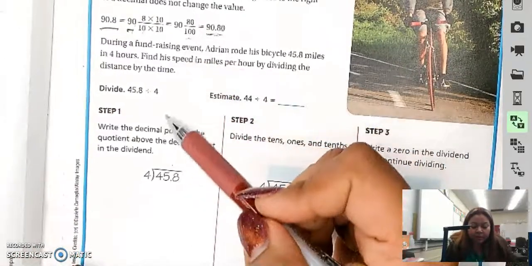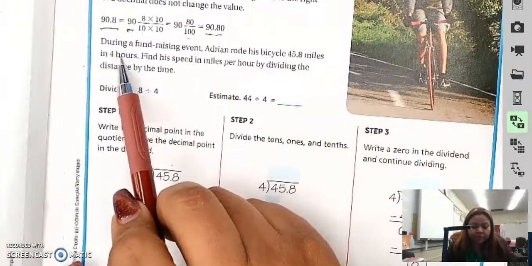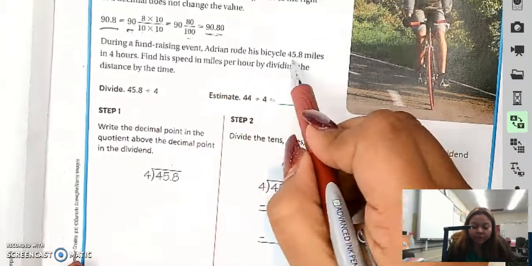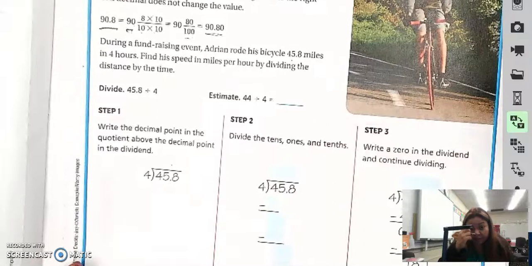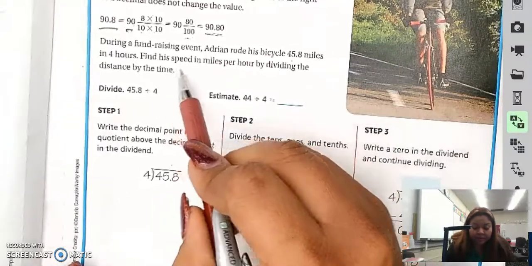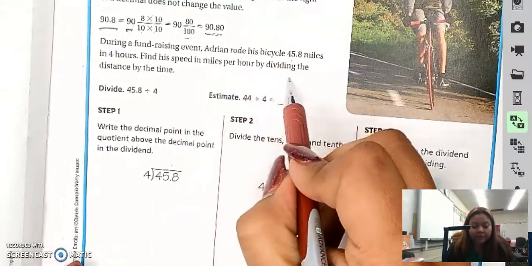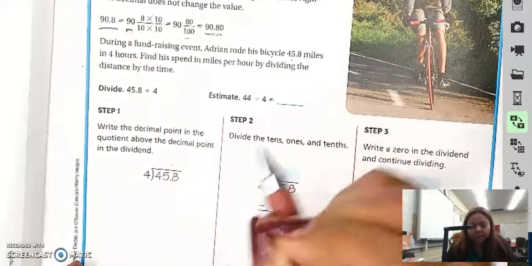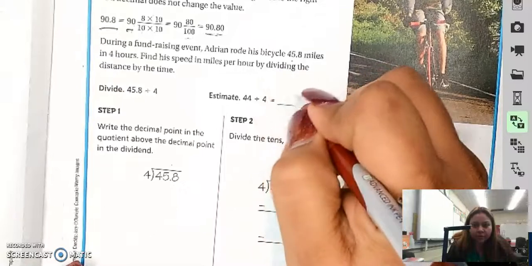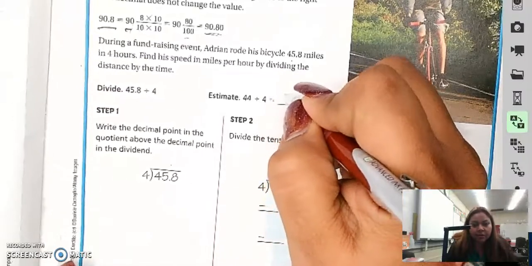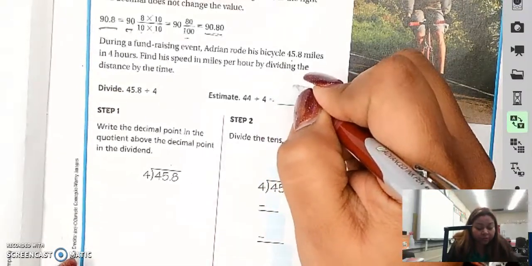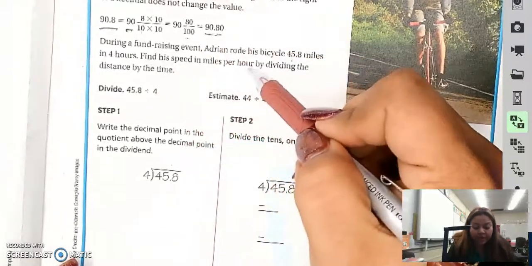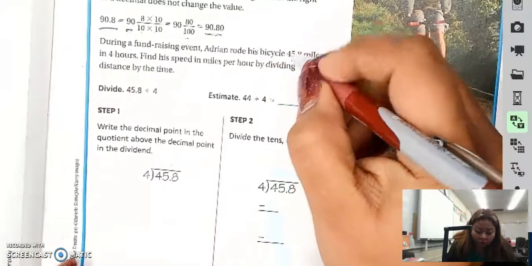So let's go ahead and read the problem. During a fundraising event, Adrian rode his bicycle 45.8 miles in 4 hours. Find his speed in miles per hour by dividing the distance by time. Remember that every time you have a word problem, you want to circle the numbers that are important and that you will be using to solve the problem.